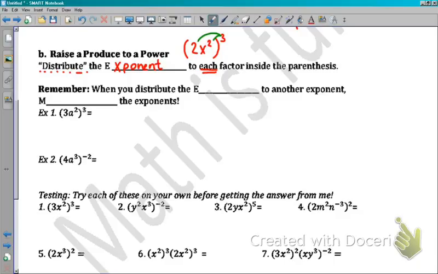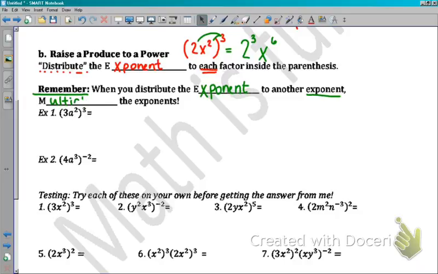So remember, when you distribute the exponent to another exponent, what you're going to have to do is multiply those two exponents together. So this example that I just kind of started up here is 2 to the 3rd power and x to the 6th power.